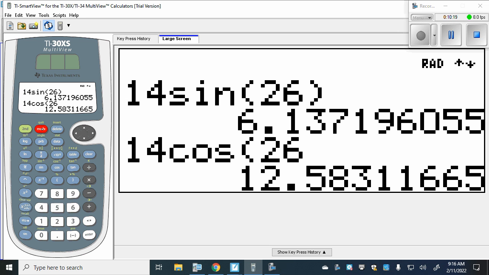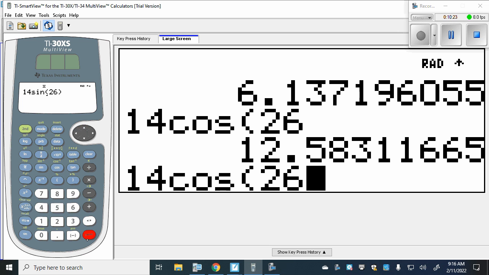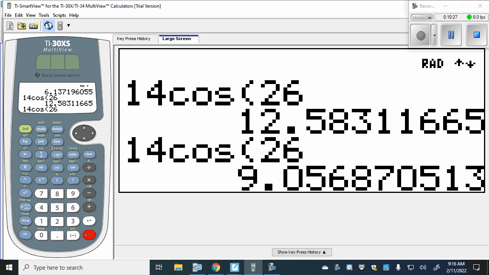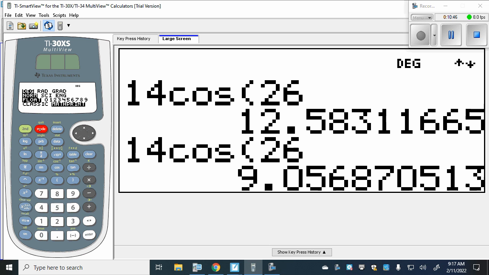So I can quit. Now if we did the previous problem again, because we already know what the answer is, 12.58. So as we can see here, having it in radians instead of degrees will change the answer completely.